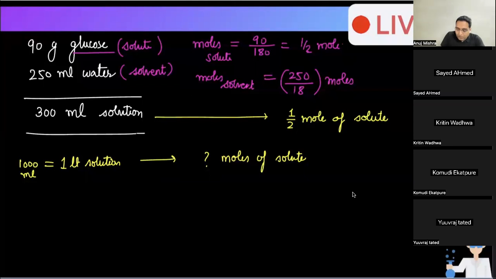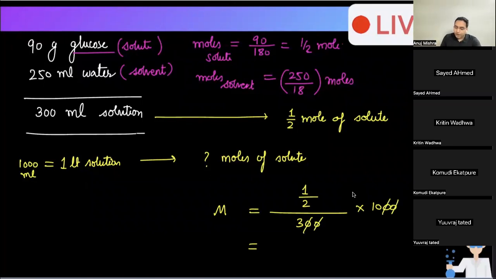Your final result should look like half divided by 300 into 1000 is the final molarity. If you solve it carefully, these two zeros are gone. This 2 comes down. This is 10 by 6, or 5 by 3. Can you get the final answer?